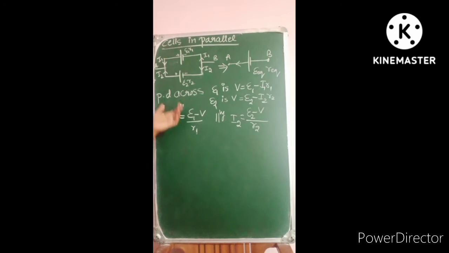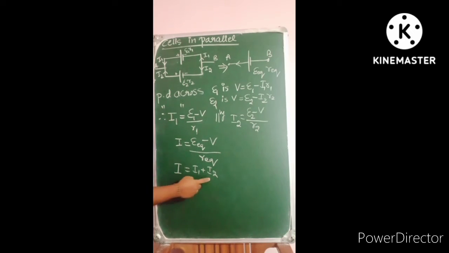If this combination is replaced by a single cell, called the equivalent cell, of EMF E equivalent and equivalent internal resistance R equivalent, then I equals E equivalent minus V divided by R equivalent. We know that in a parallel combination the current always divides, so the current in this combination is the sum of the two individual currents, I1 plus I2.